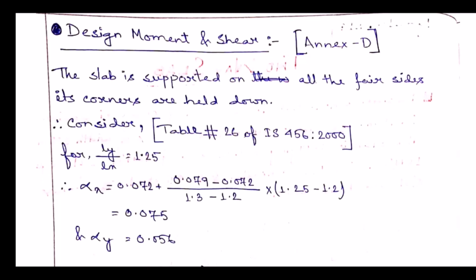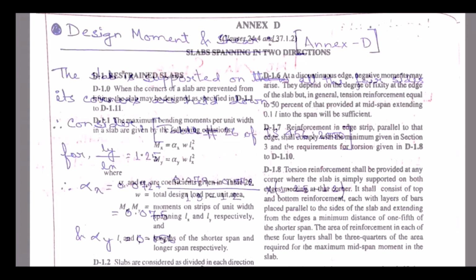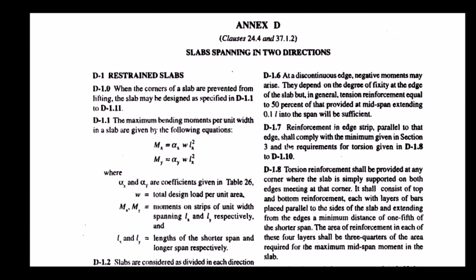For this step, first of all, we have to get the knowledge of Annex D of IS 456 2000. So let's check it out. So where is Annex D of IS 456 2000?